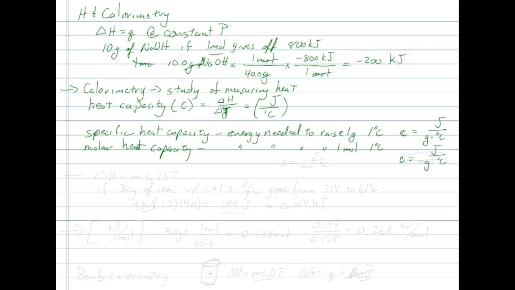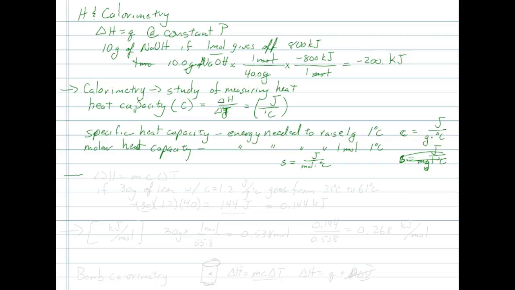I think that's where the S comes from, maybe the S is for specific heat, or molar heat capacity in the book. I don't know. I said moles and wrote grams, so let me do that over. S, joules per mole degrees Celsius. At constant pressure, calorimetry is what we're going to be doing in this course.